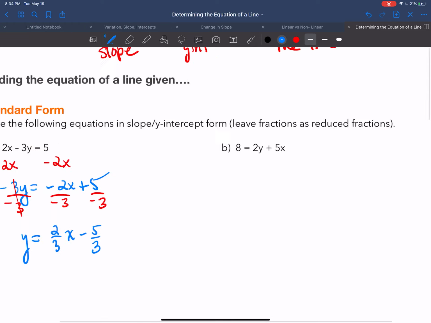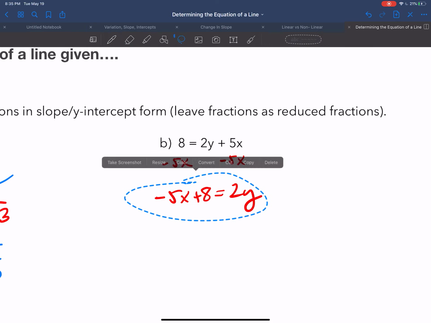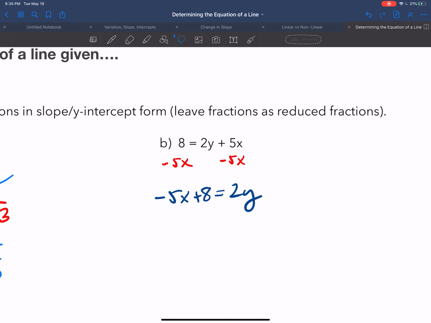Okay, on to b. Again, same thing. I want to get y by itself, so I'm going to get rid of the 5x by subtracting 5x. So negative 5x plus 8 is equal to 2y. And then divide by 2.